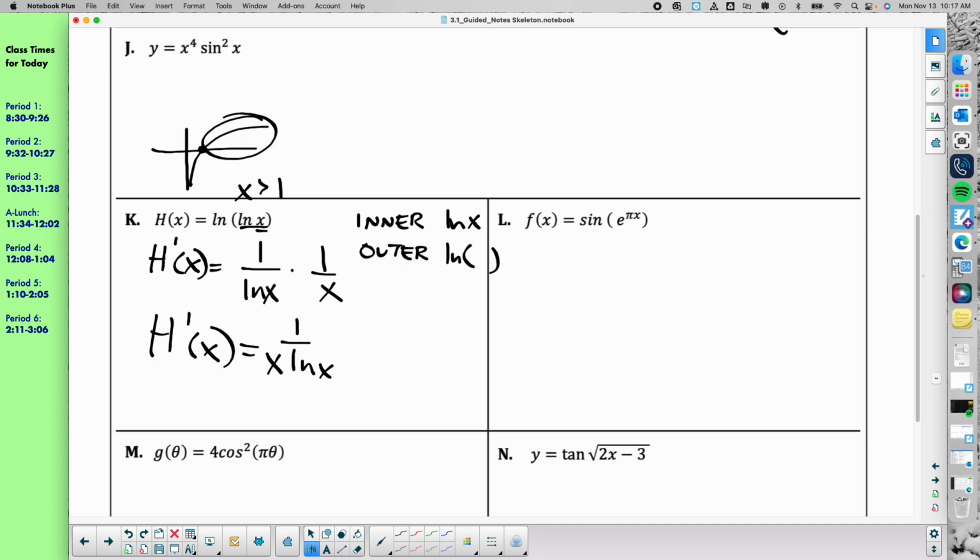Okay, good. Did you guys get that one okay? So why is it x ln x instead of ln x squared? You can't multiply the natural log information with outer information.